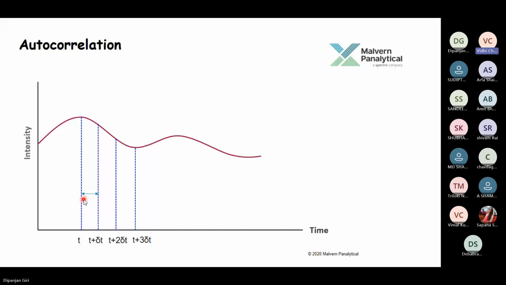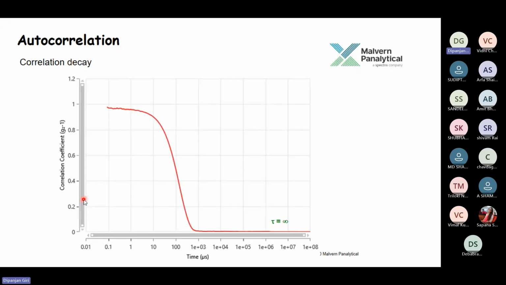And if you continue to compare the signal at larger and larger time intervals, there will be a time where the correlation will be completely lost. So there will be no correlation with the t. If you go from the time at 0 to infinity, then you can see a decay in the correlation, right?